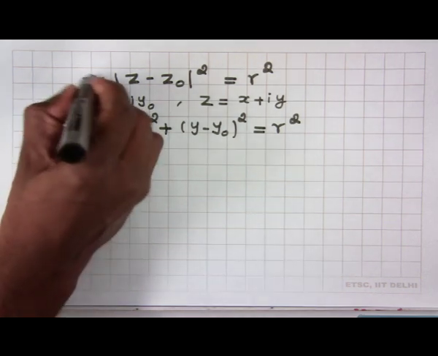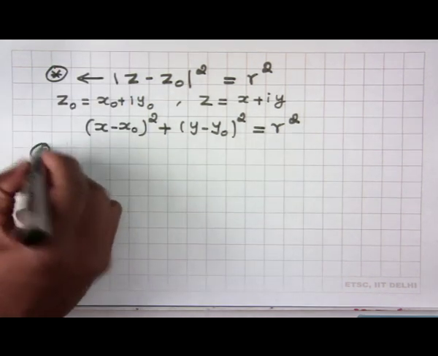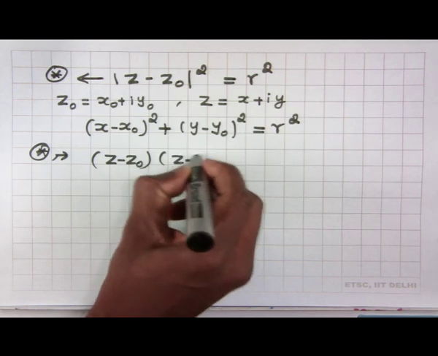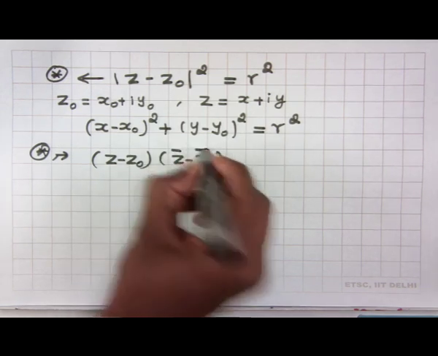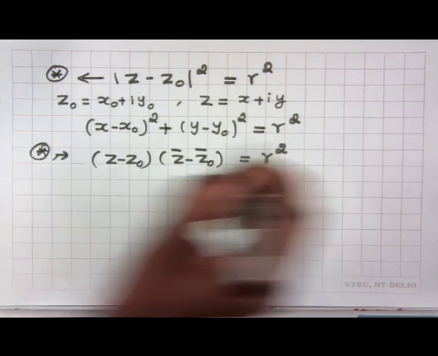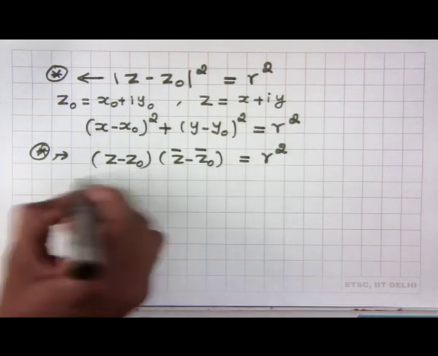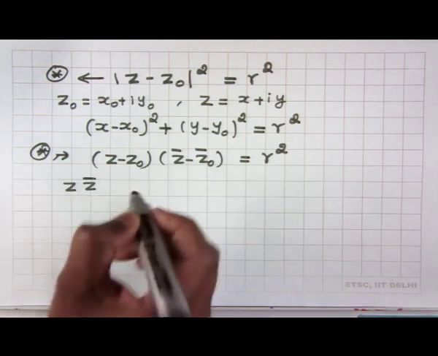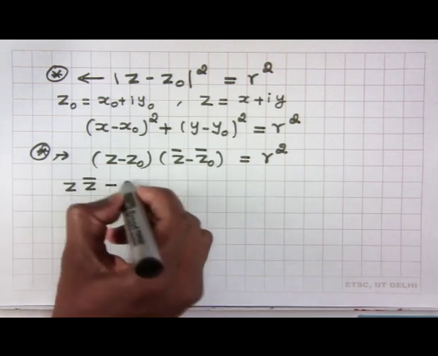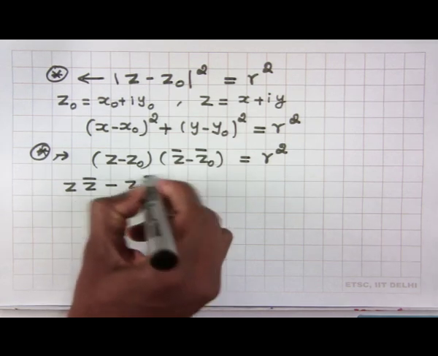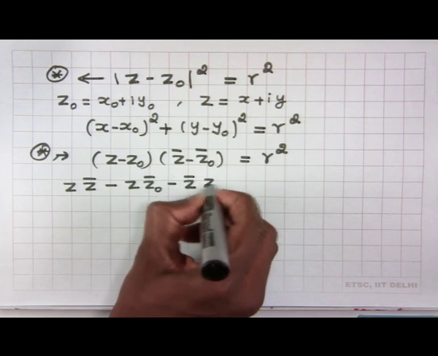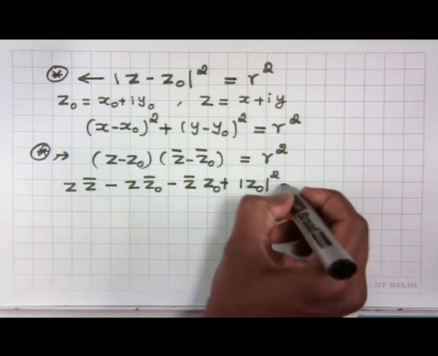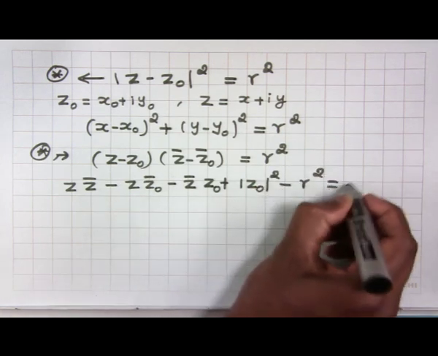So, let us further examine this equation. Star can again be written as z minus z naught product with z minus z naught bar, each one with conjugation, equal to r square, and what we get is the expression z into z bar, and other terms are z into z naught bar minus z bar z naught plus mod z naught square minus r square equal to 0.